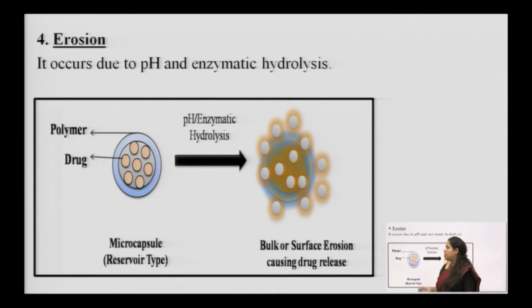It is activated in the case of pH or enzymatic attack. When we administer the drug in the body, the body treats the drug as a foreign material, so all the enzymes and the pH play an important role in drug administration. So this is one of the mechanisms.